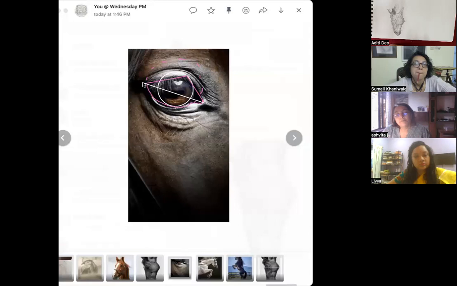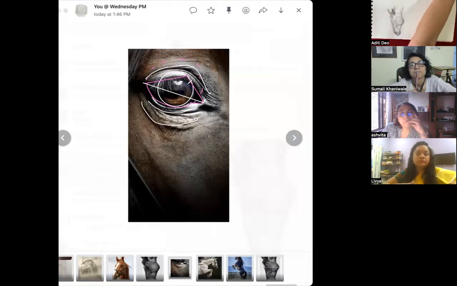It's at an angle. This is again a trap because we'll end up making them in a straight line. Once this is drawn, you'll be able to see the concentric lines that form the lid on top and the folds of the lid below. So I'm drawing these only so that you can see all these. Now, when it comes to shading the eye, I'm going to show you on paper how you should shade the eye. I'll share this picture also so you have it handy, but I don't think you'll need it.